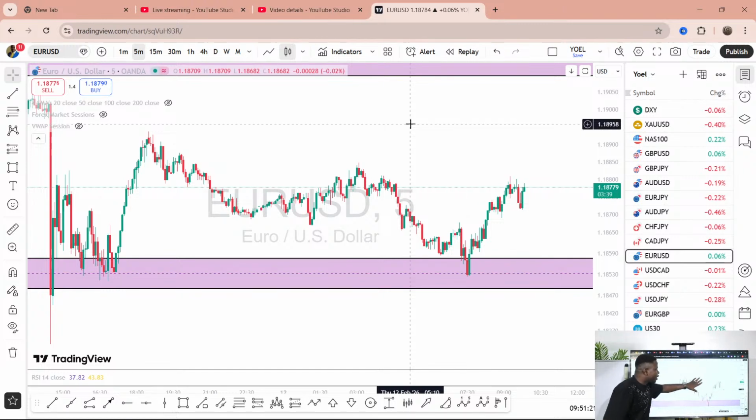There is no trade anywhere here now, except you feel like you can try sell here. And if you are going to try sell here, then you should be looking for a change of character. That means this higher high, higher low has to be invalidated. And then you sell back here.